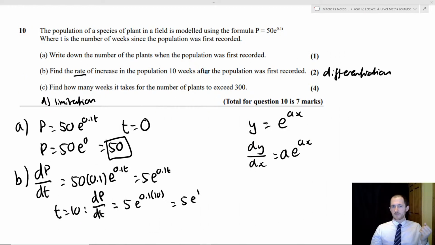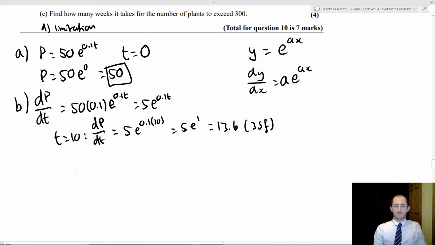Does it say to 3 significant figures? Nope, but we should probably give it to 3 significant figures just because it's a long number. That's it, 2 marks. Okay, now part C is where things get a bit funky.